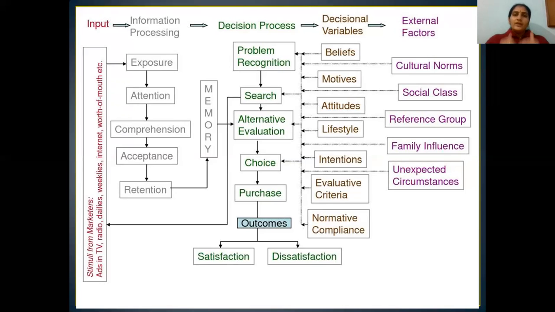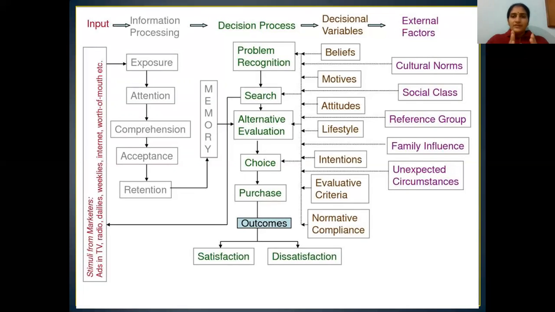Now, to take this decision and to identify all five steps in the decision process, there are different variables which will be influencing the decision process. The decisional variables include beliefs, motives, attitudes, lifestyles, intentions, evaluative criteria, and normative compliance.